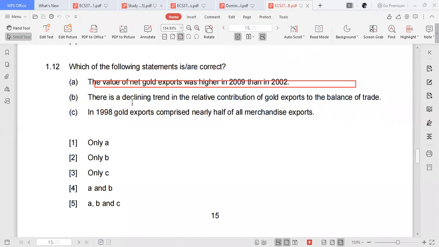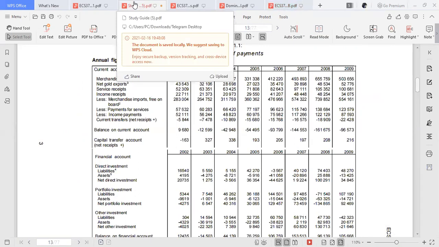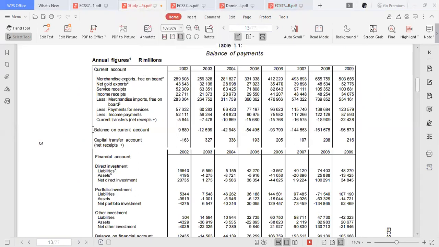B, there is a declining trend in the relative contribution of gold exports to the balance of payments. The balance of payments as a whole, is there a declining trend of the contribution of net gold exports? Okay, so we need to take into account how net gold exports are contributing to the BOP as a whole.